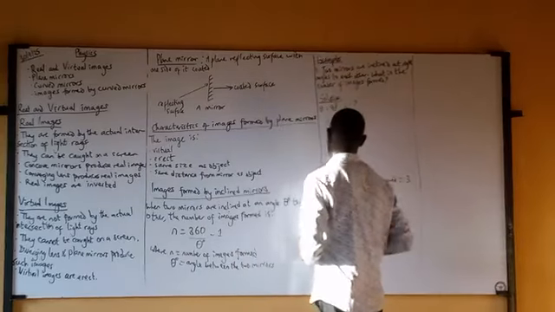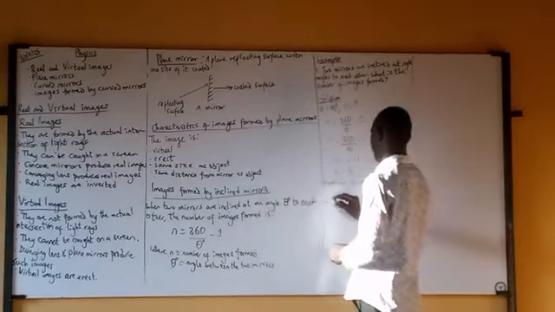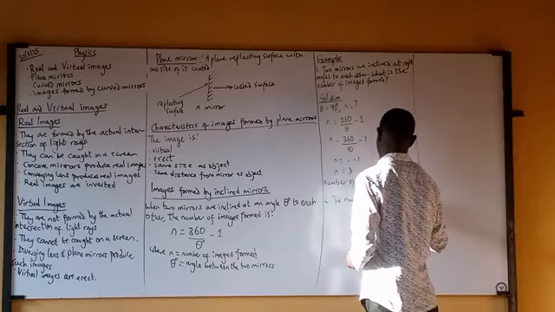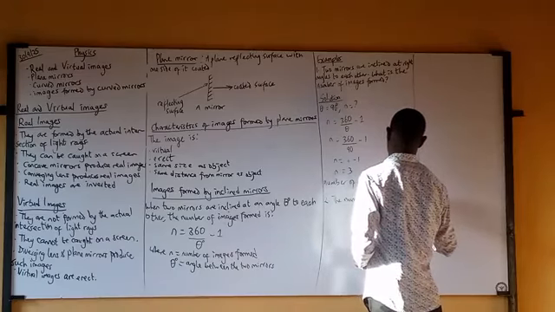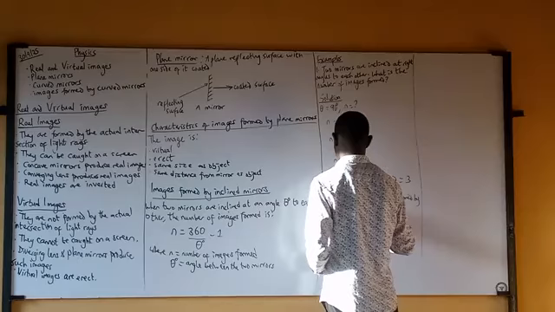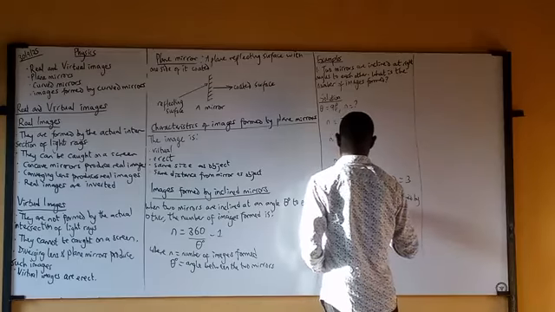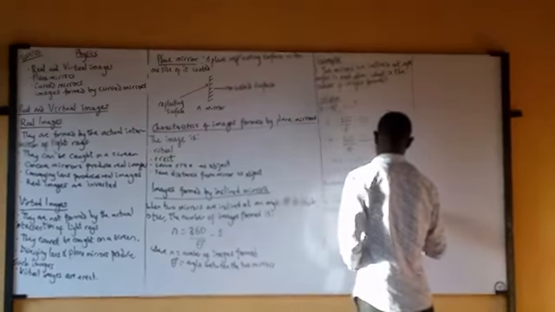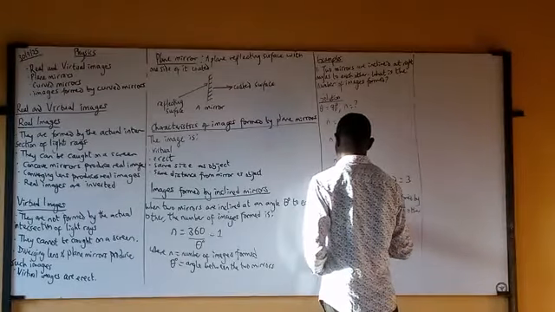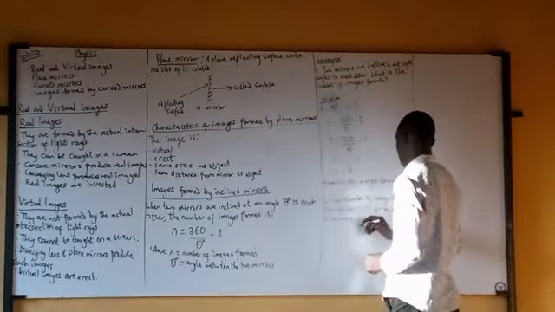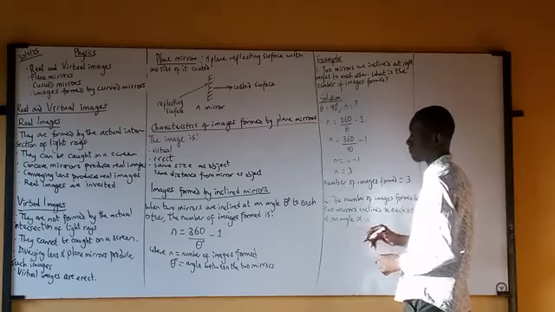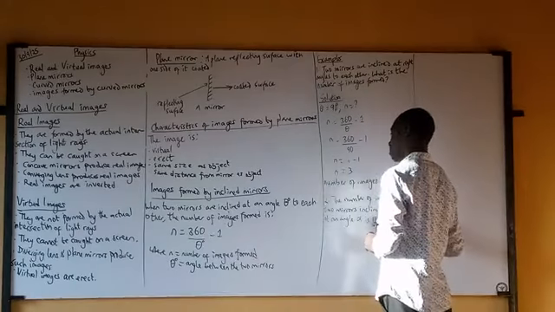Let's take the second example with a different term. The number of images formed by two mirrors inclined to each other at an angle alpha is 5.